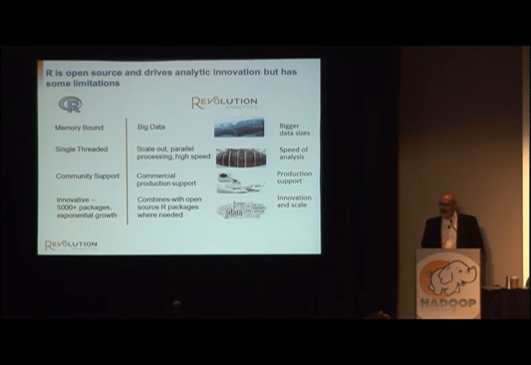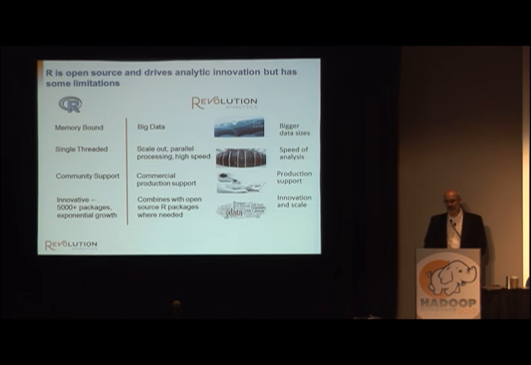So R is a fantastic open source platform, as I have mentioned, and it has great community support and over 5,000 packages, and that number is growing rapidly. But it does have some limitations. One limitation is that the main predictive analytics functions in R, the ones built into the core of R, are memory bound.